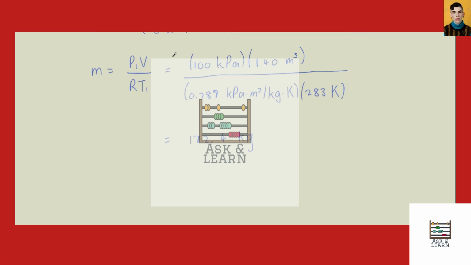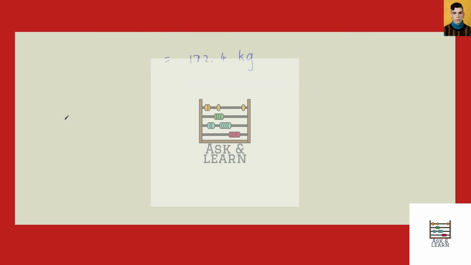Now, if we use the c_v value at room temperature, and we go back to our energy balance equation, we get the following. So we substitute our values in, and we get 10,000 minus 5,000 over 3,600.